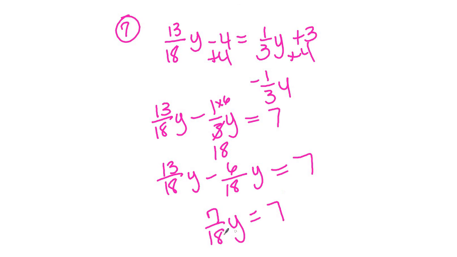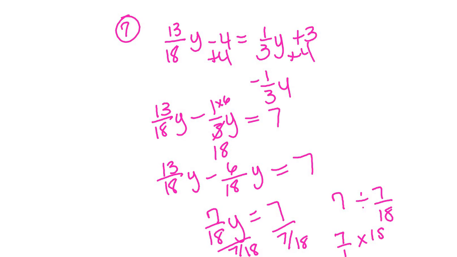So keep in mind that this is being multiplied, so I'm just going to divide by 7 over 18 to solve for y. And when you're dividing fractions, you're really multiplying by the reciprocal. And then when we multiply fractions, your 7s are canceling out, so you should just be left with 18 over 1 or 18.